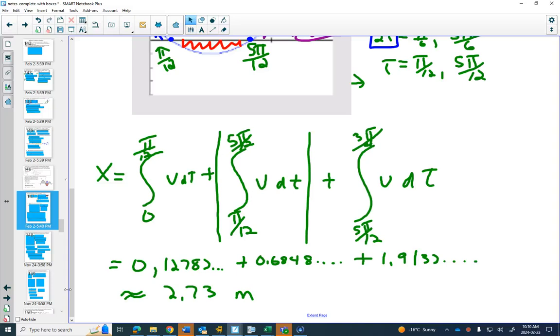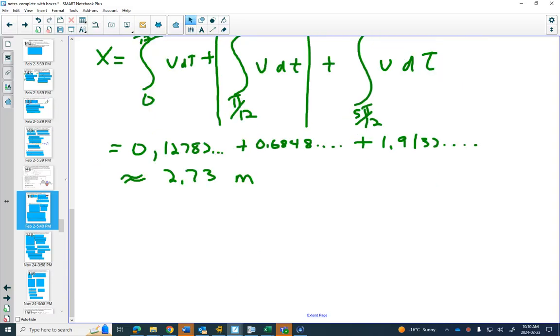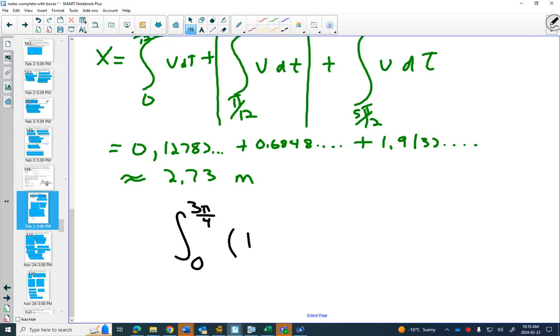Okay? And there is going to be something really important, a really easy mistake that's made: where do we put those absolute values? Okay? So we're going from 0 to 3 pi over 4. Our original function was 1 minus 2 sine 2t dt.